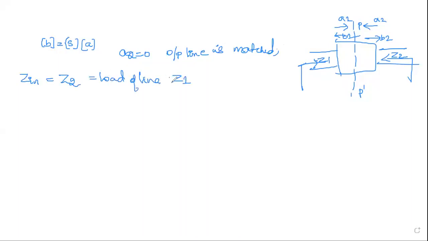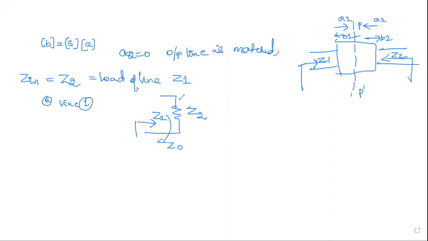Or if I tell you in a very simple way, suppose at line 1, if I draw the figure, it is something like this. This is the input, this is your matched termination. So this will be Z2 and this will be your Z1 for some characteristic impedance Z0.